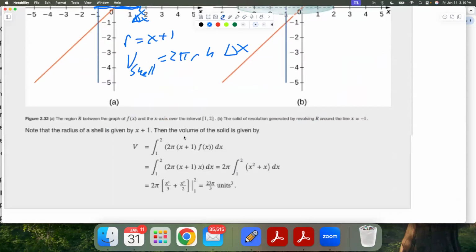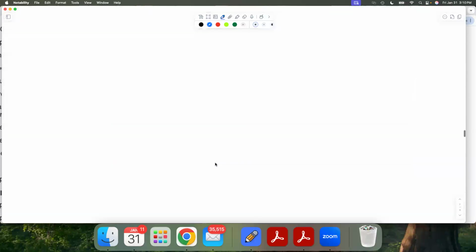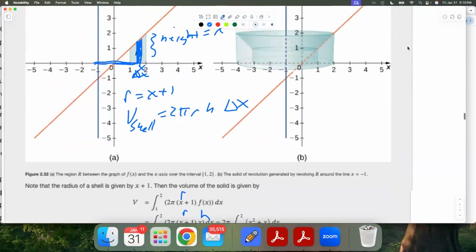So that's what I'm calling the radius of my typical shell. That's the height. And again, you can check all the details. Okay, that's a good place to stop on this one.